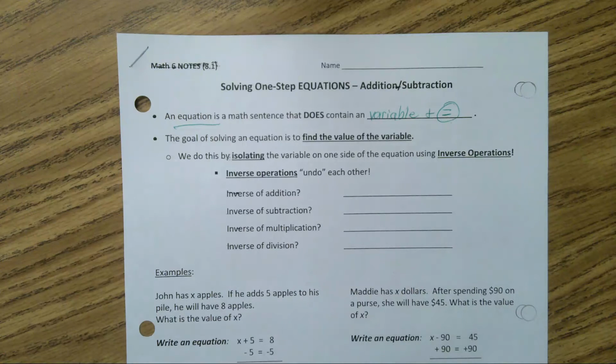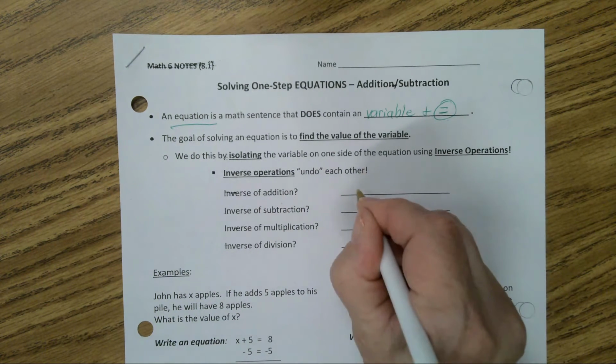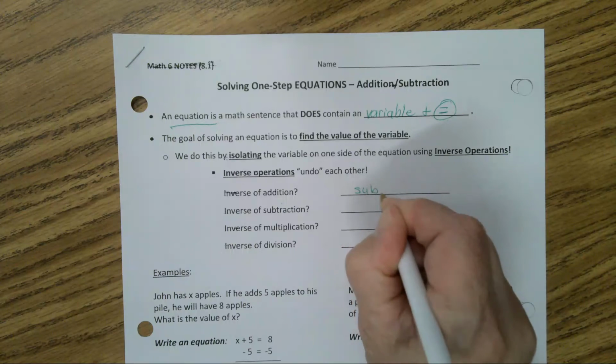The goal of solving an equation is to find the value of the variable. We do this by isolating the variable on one side of the equation using inverse operations. Inverse operations undo each other. We've already talked about that. The inverse of addition, class, is subtraction, right?